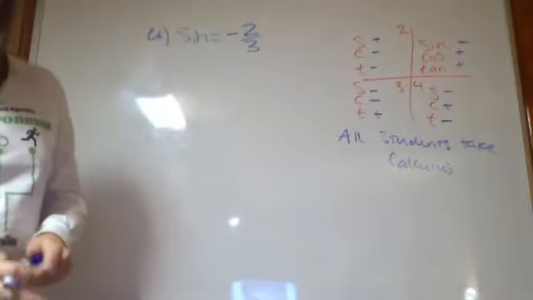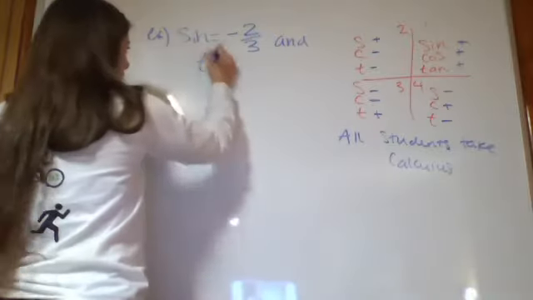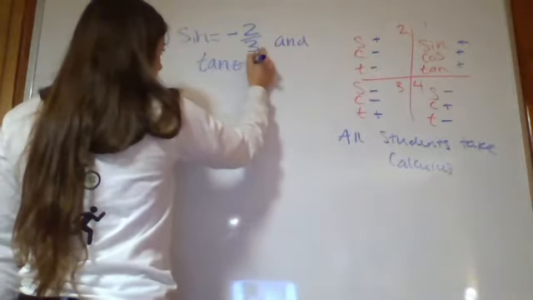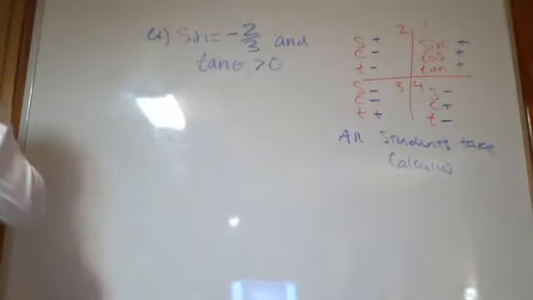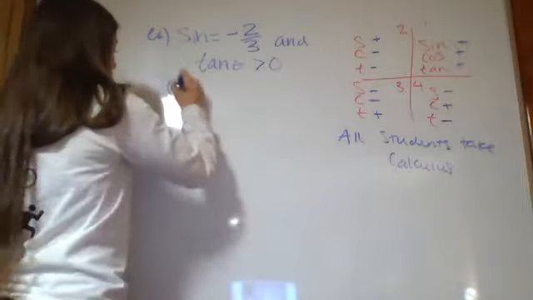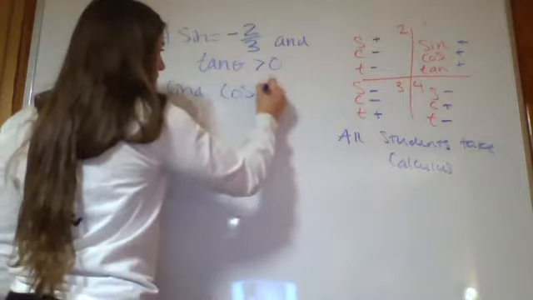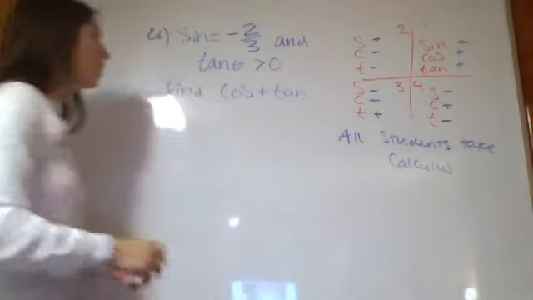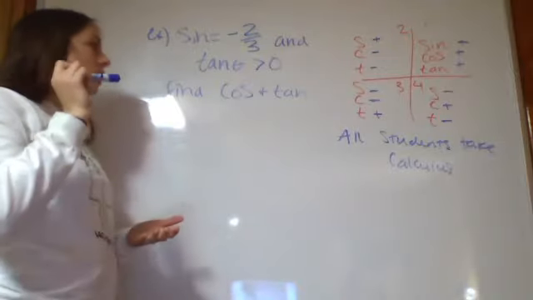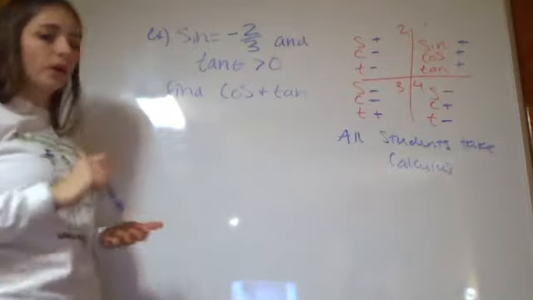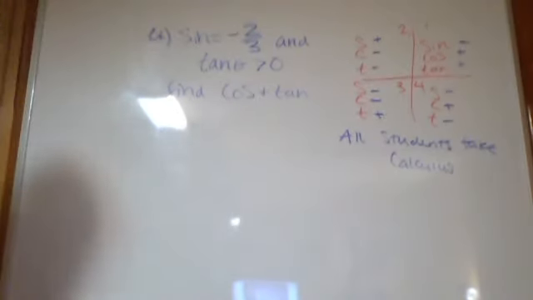And tangent of theta is greater than 0. That's going to be a really important piece. I want you to find cosine and tangent, knowing that sine is -2/3 and tangent is greater than 0.